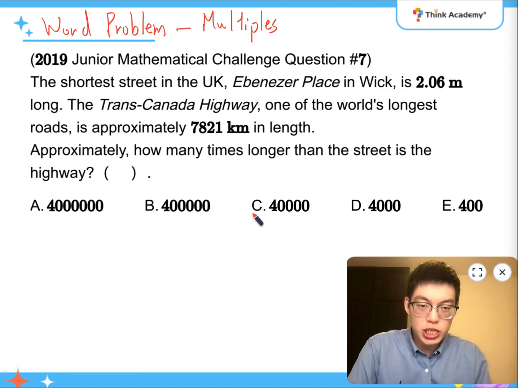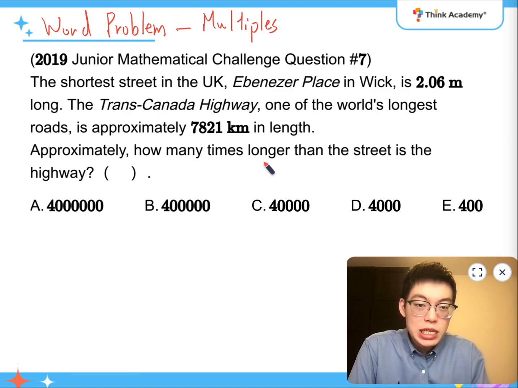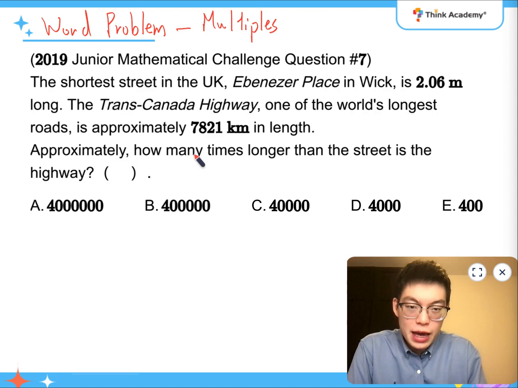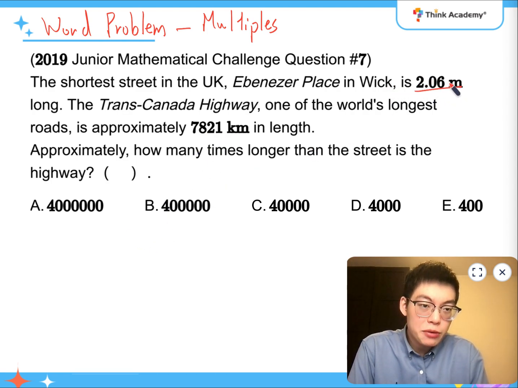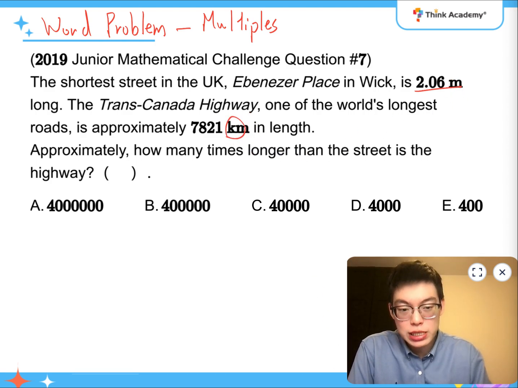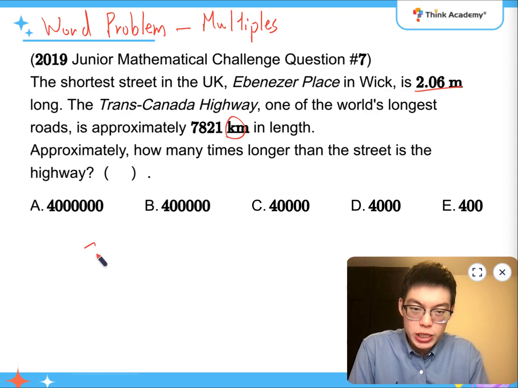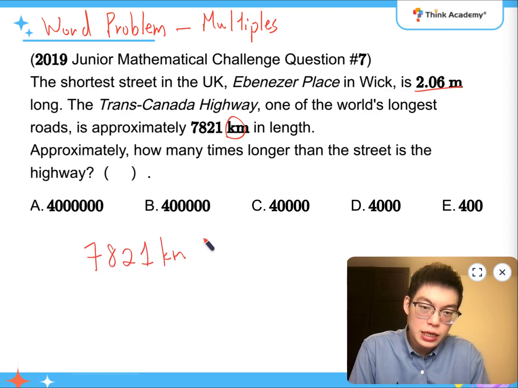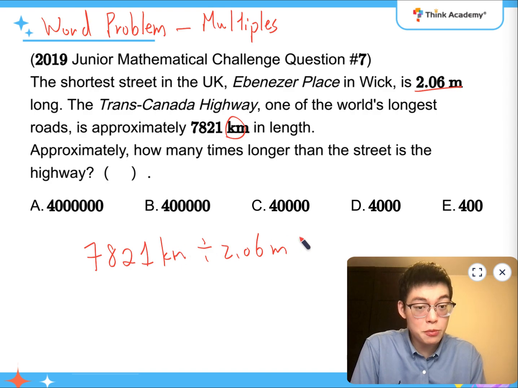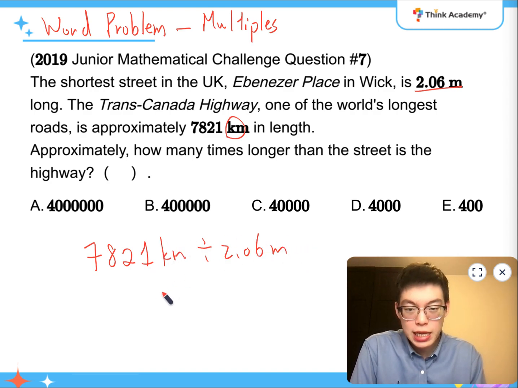Basically it is just asking you how many times longer is 7,821 than 2.06 meters, and the last one was in kilometers. So we just do 7,821 kilometers divided by 2.06 meters, which definitely they are not the same unit, so you can't calculate them right now. You need to convert them into the same unit.